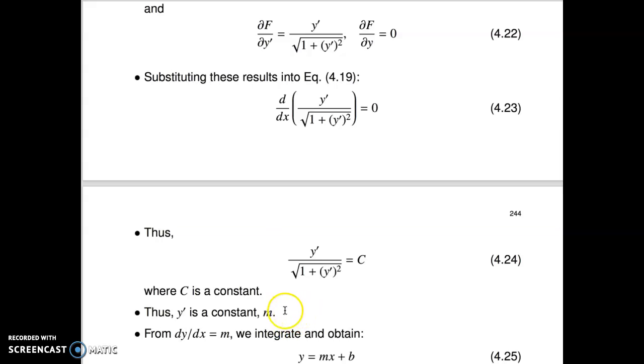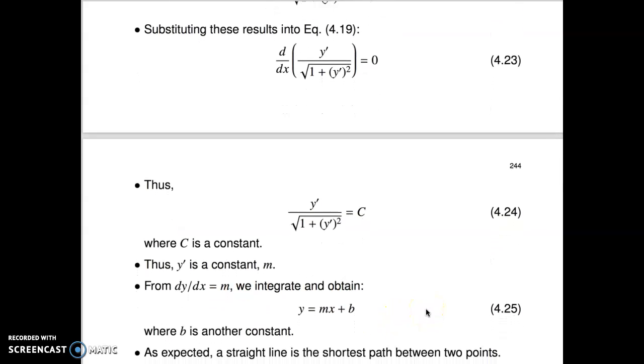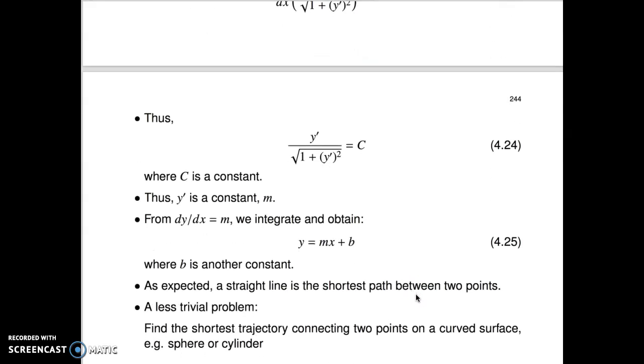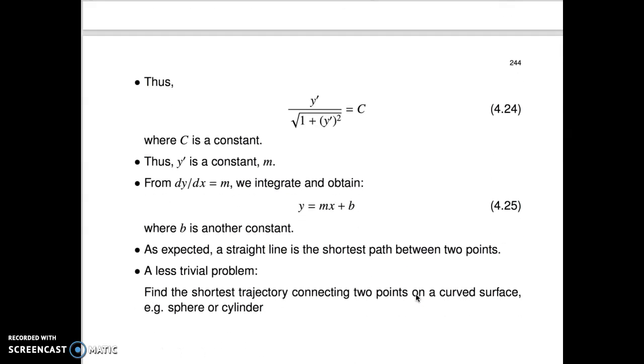So we have, therefore, y prime, which is dy by dx, is equal to m. Well, you can integrate that easily enough, and you find that y is equal to mx plus a second constant, call it b. And lo and behold, what you see is a straight line.